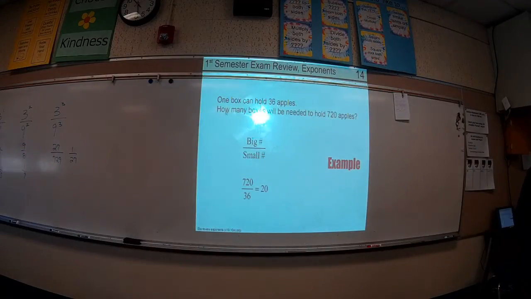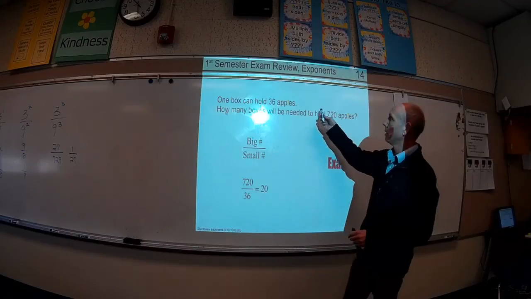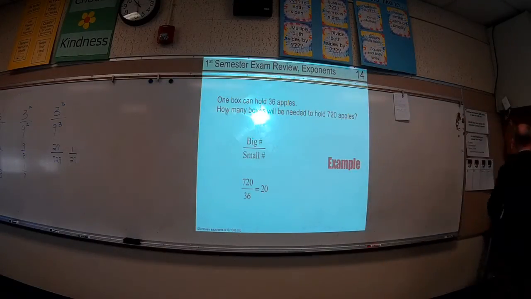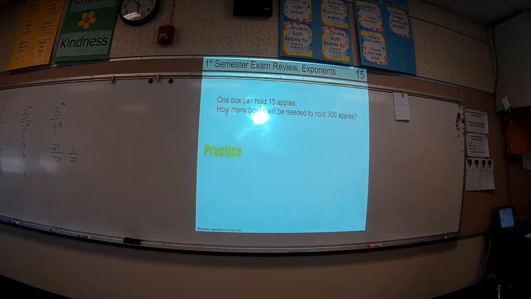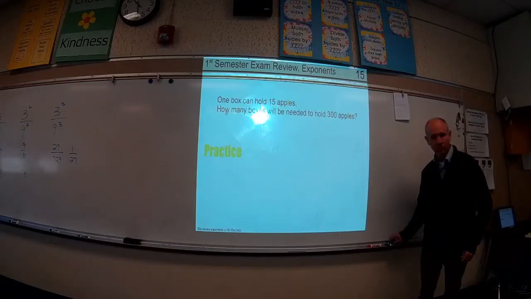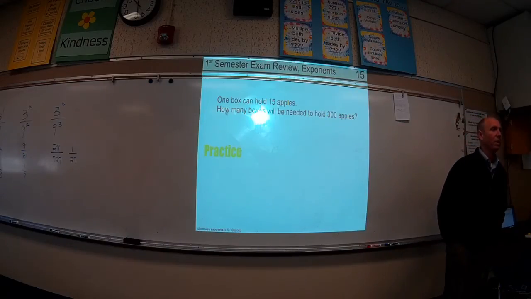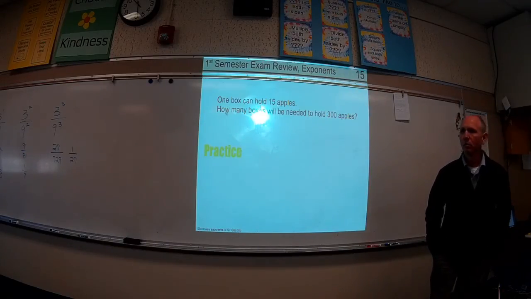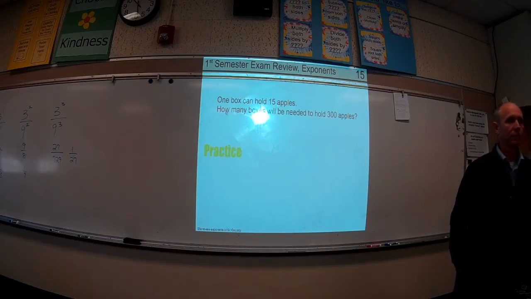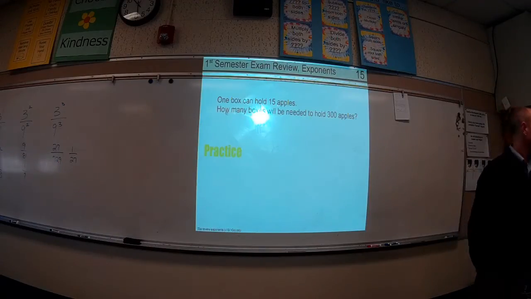Big over small. I take the big number, I put it over the small number, I simplify it down. You do the next one. Number 15, big over small. Good.